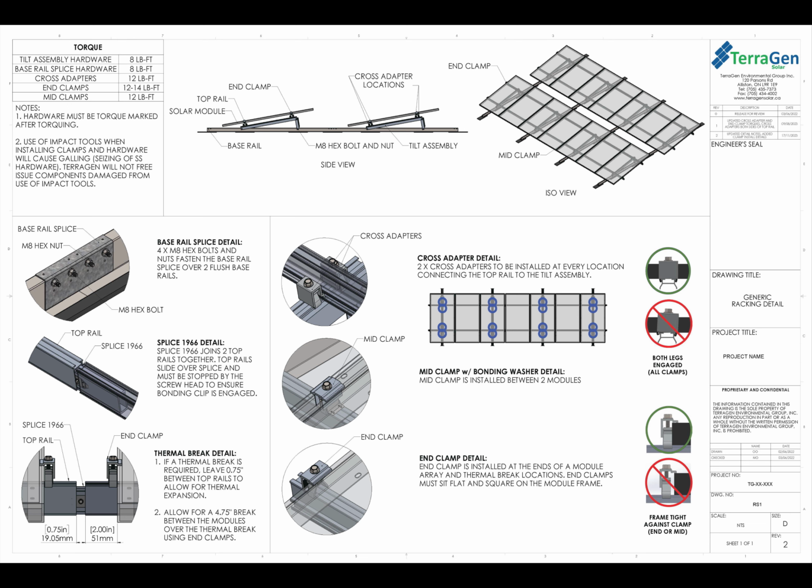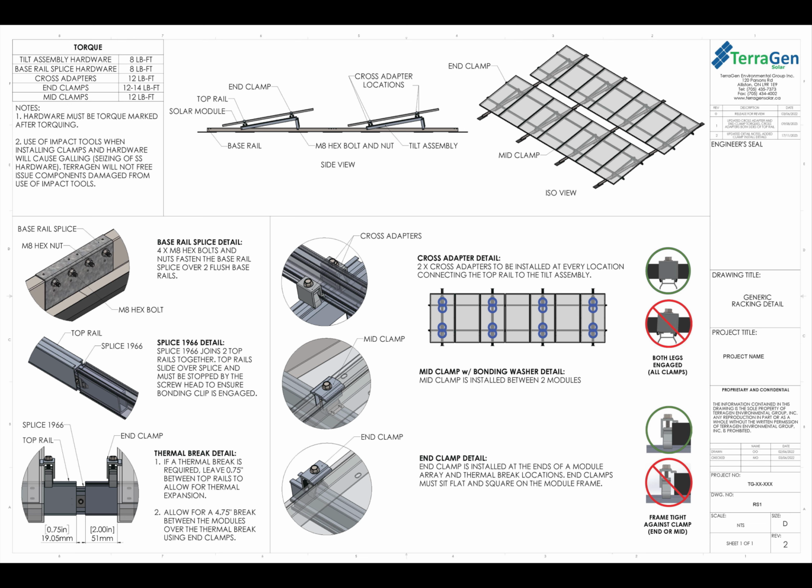You will butt these top rails up against the hex head in the middle of the splice to ensure that the bonding clip attached to the top rail splice is fully engaged with the top rails, as this will allow the bonding current to continue through the system in the east-west direction. Top rail splice locations are shown on the top rail plan as black circles to ensure that the installation team is properly installing the splices in the correct spots on the system.